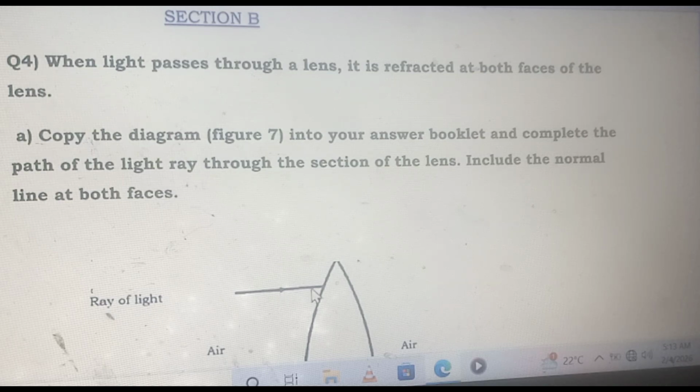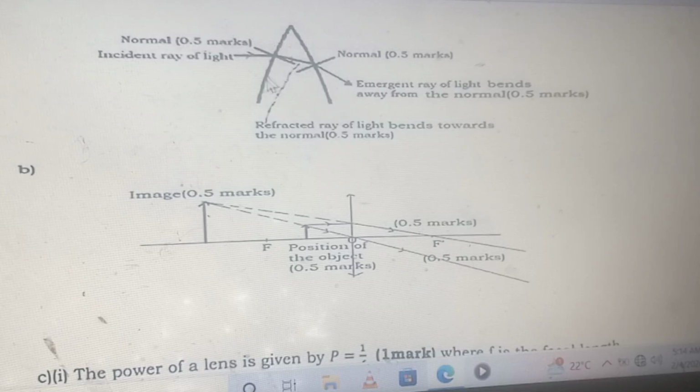This incident ray goes to the first face and forms a normal, and then the light bends in this medium toward the normal and reaches the second face, and then the emergent ray of light bends away from the normal. You see.